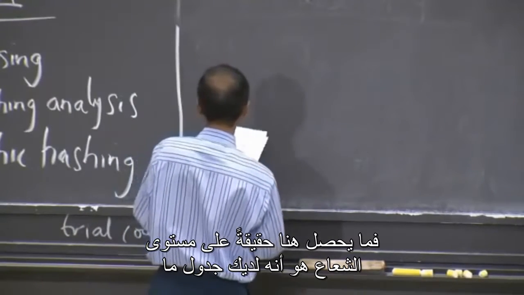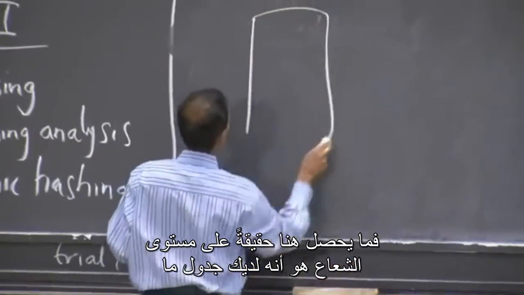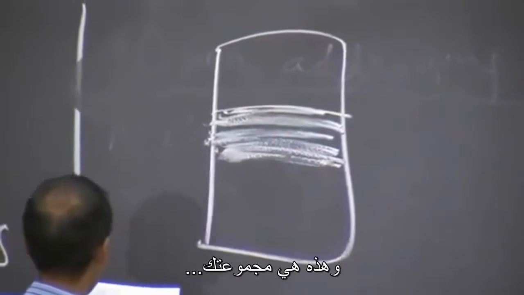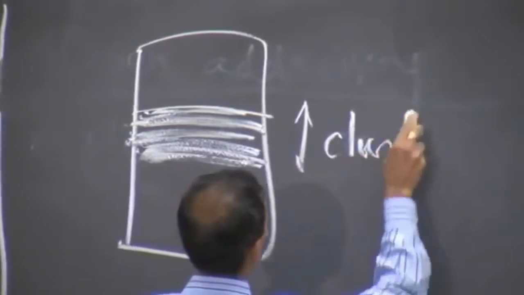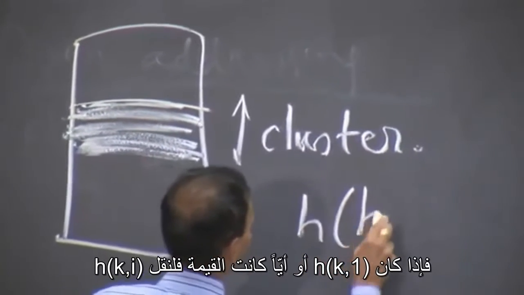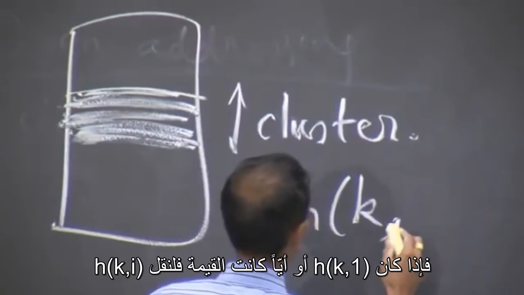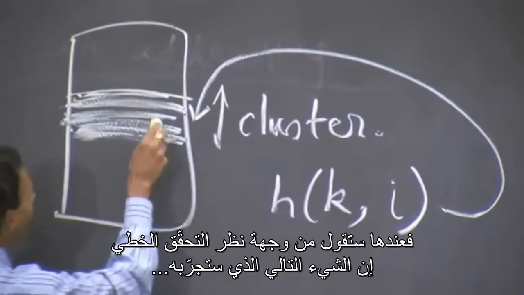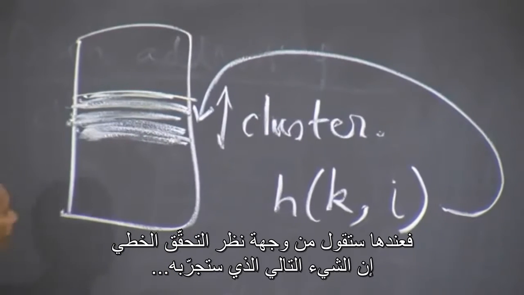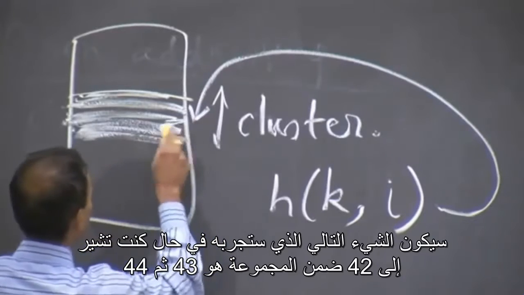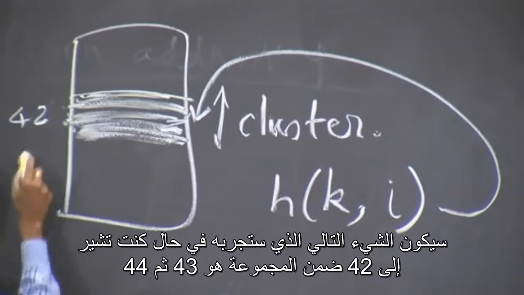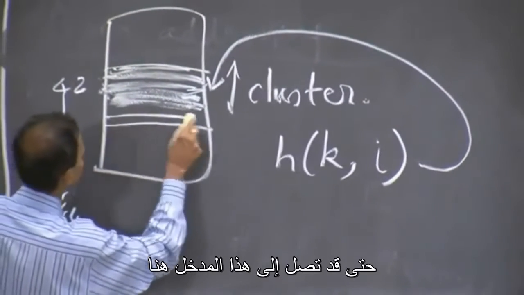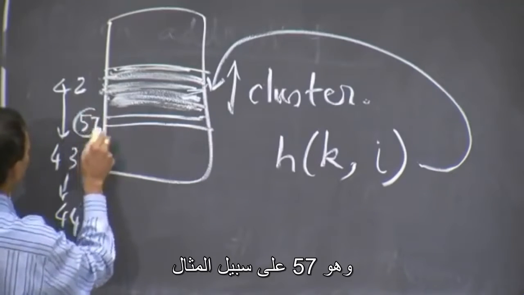So what's happening here pictorially is that you have a table, and let's say you have a cluster. And this is your cluster. So if h(k, i) maps to this cluster, then linear probing says that if you map to 42 in the cluster, the next thing you're going to try is 43, 44, until you get maybe to this slot here, which is 57 for argument's sake, right?